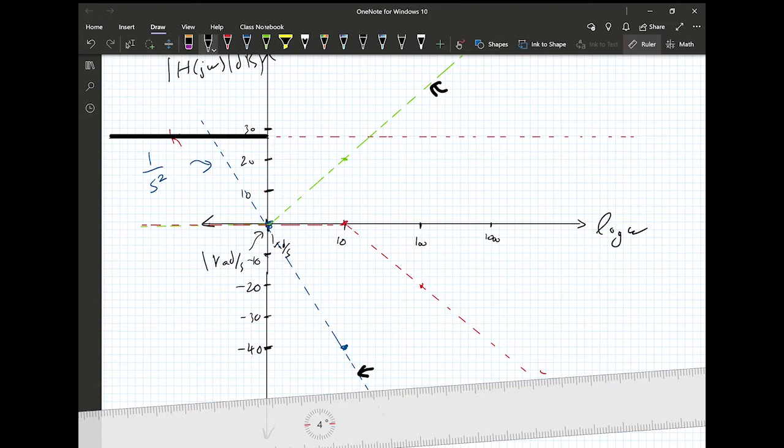So I go down. This is 10 dB, this is minus 20 dB. I need to hit this point, which is 20 dB below that point.